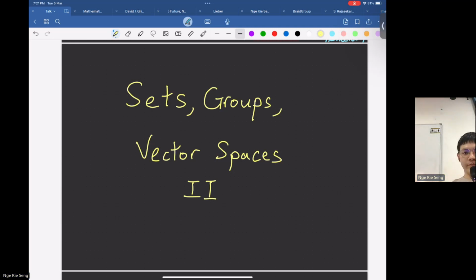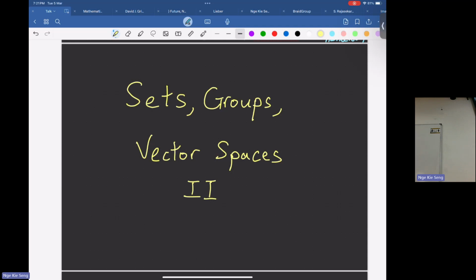So let me remind you what we have done last week. Last week we introduced two very important definitions in maths, which are sets and functions. So what is a set? A set is just a collection of elements. For example, we have a set of participants here, and you are the elements of the set. And functions typically relate sets.